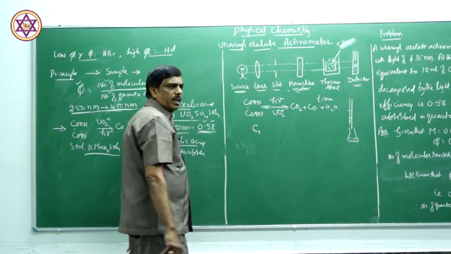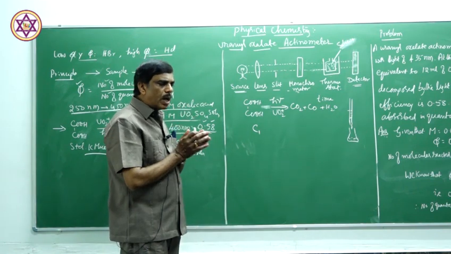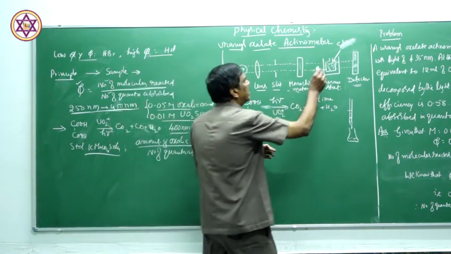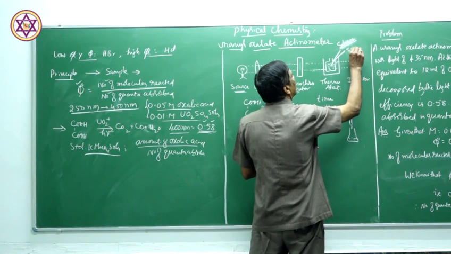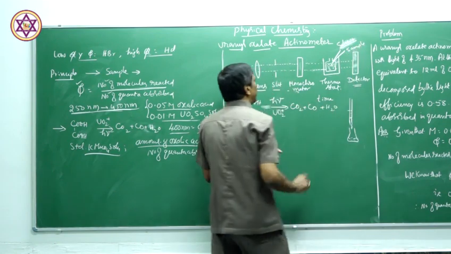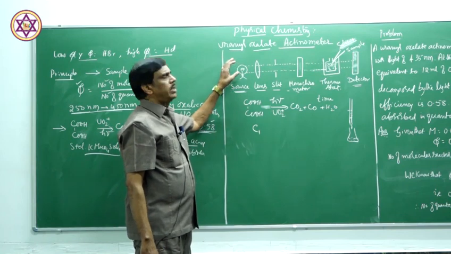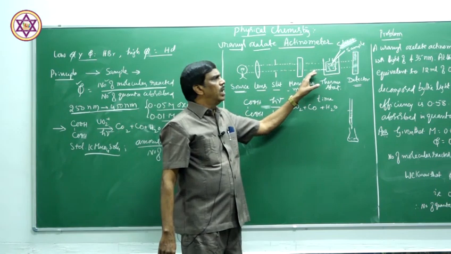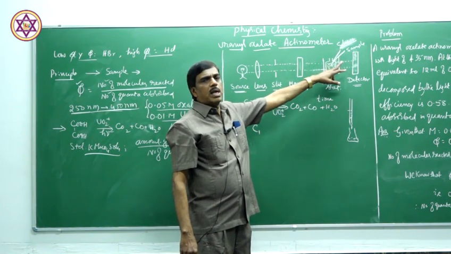After that, to measure the absorption of radiation, instead of solvent, you now take the solution of the sample the second time. Now you pass this radiation of the same wavelength through the sample. In the beginning, the solvent; now, the sample.